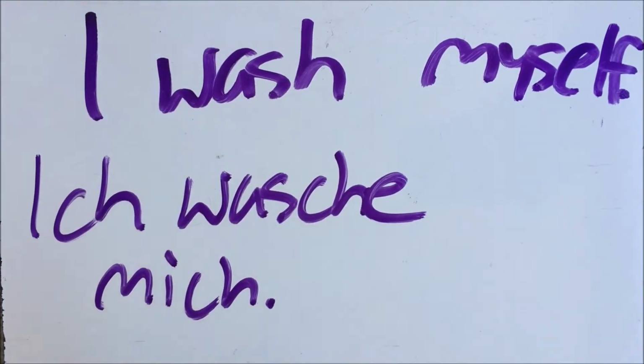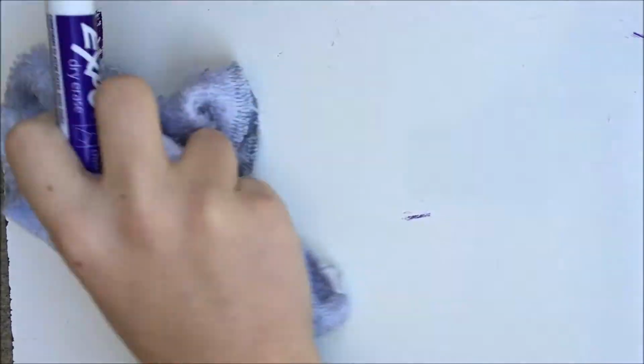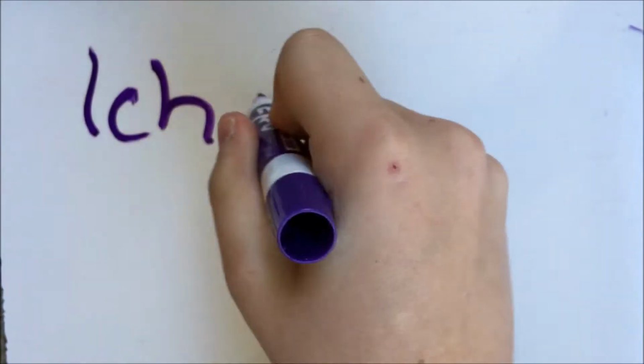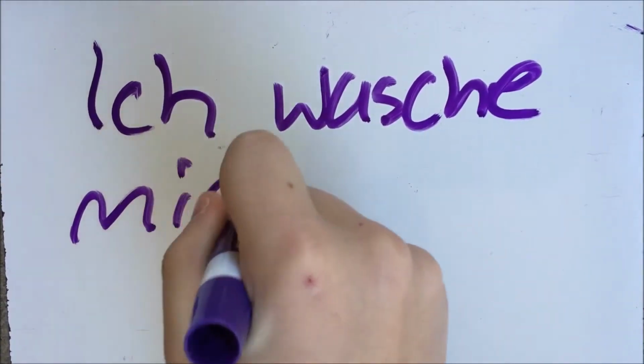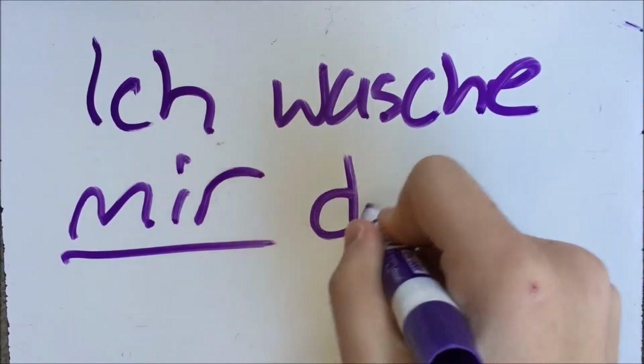So let's say you want to be more specific. Instead of just saying I wash myself, you'd like to say I wash my hair, or I am washing my hair. You would say ich wasche mir die Haare.